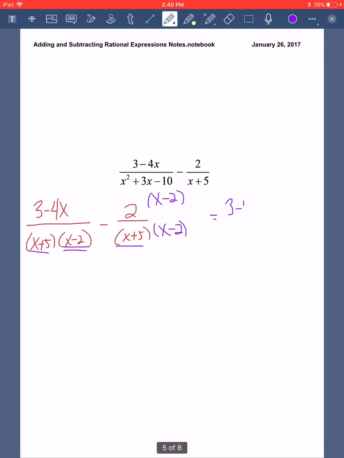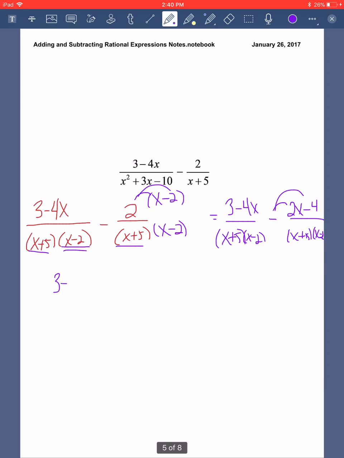So this is 3 minus 4x over x plus 5, x minus 2, minus, I'm going to distribute the 2, so 2x minus 4 over x plus 5, x minus 2. And now I can distribute out my negative.